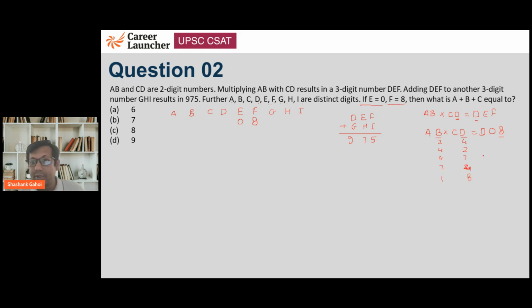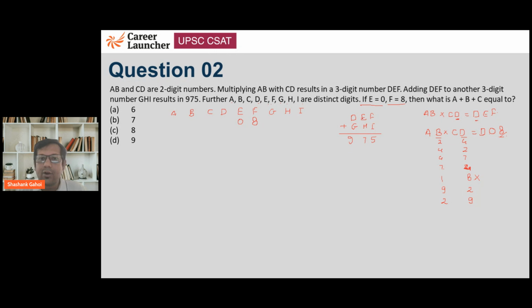That is again a possibility, but I won't consider it because D is 8 and F is also 8. That's not a possible solution, so I am rejecting it. Similarly, I can also reject 8 into 1. Now it can also be 9 into 2, or 2 into 9. So these are all the possibilities for the unit digits whose product gives a unit digit of 8.